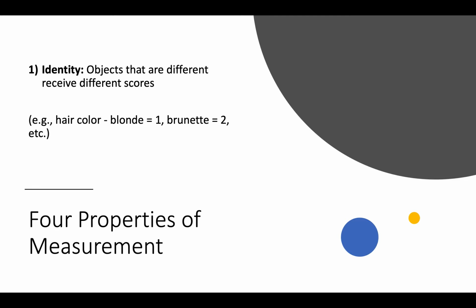So the example here, we give one number to each category of different hair color, right? So blonde is 1, brunette is 2, red is 3, maybe black hair is 4. And we wouldn't code both blonde and brown hair as a 1 because they're different in their identity. We'd give them different numbers to differentiate between them.